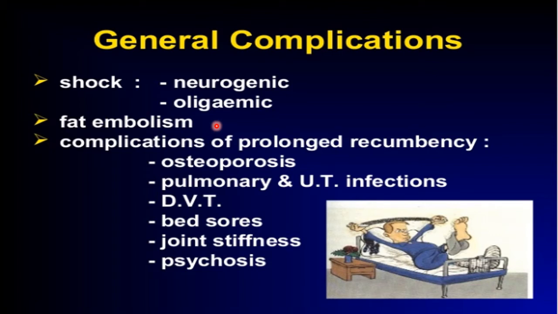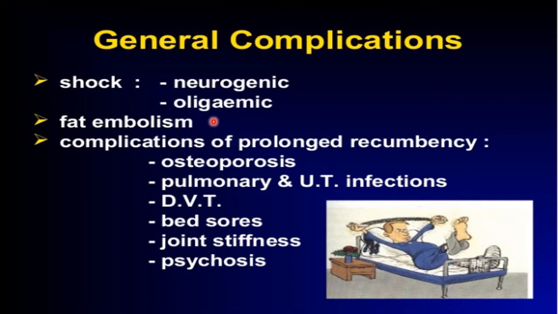Then in fractures of tibia and femur, fat embolism is not a common complication, but these are the bones where fat embolism is the commonest seen compared to other parts of the body.